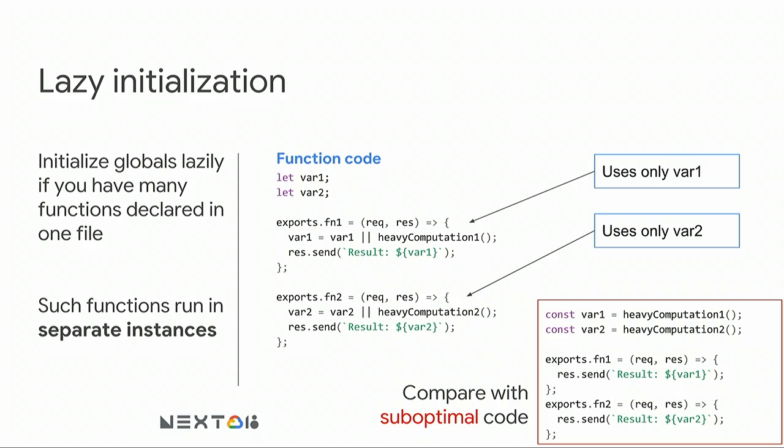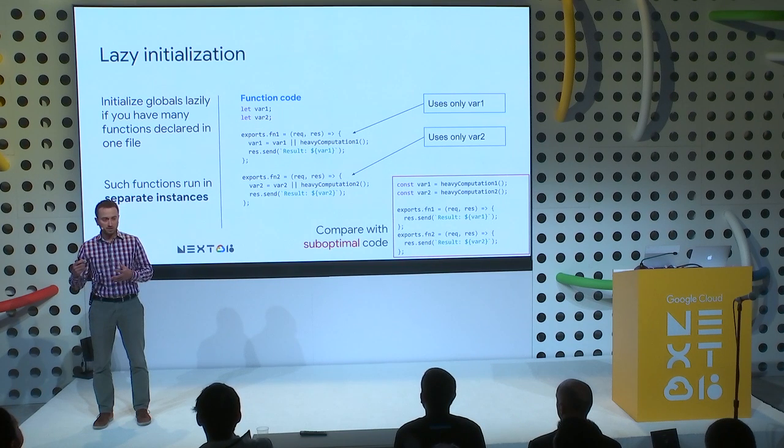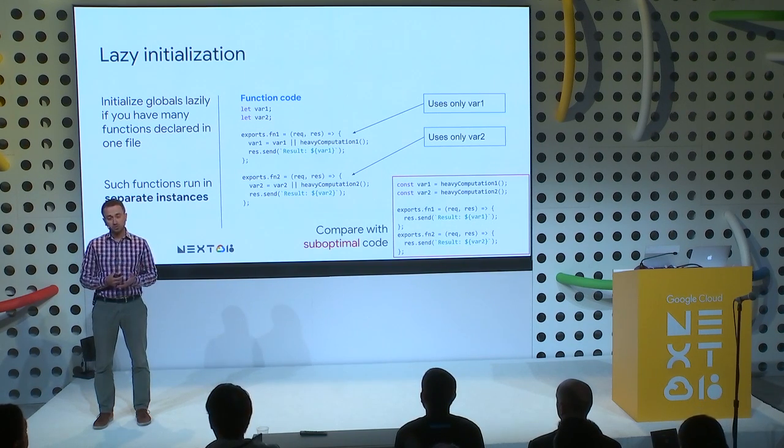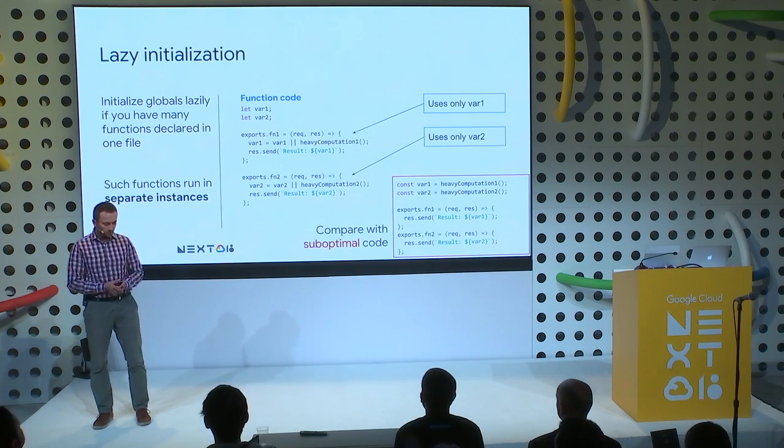So if an instance handles invocations of the first function, it will never be called to execute the second function, because that's a separate set of instances. So if you initialize a very heavy variable that is used in the second function in the global scope, it's just a waste of time.